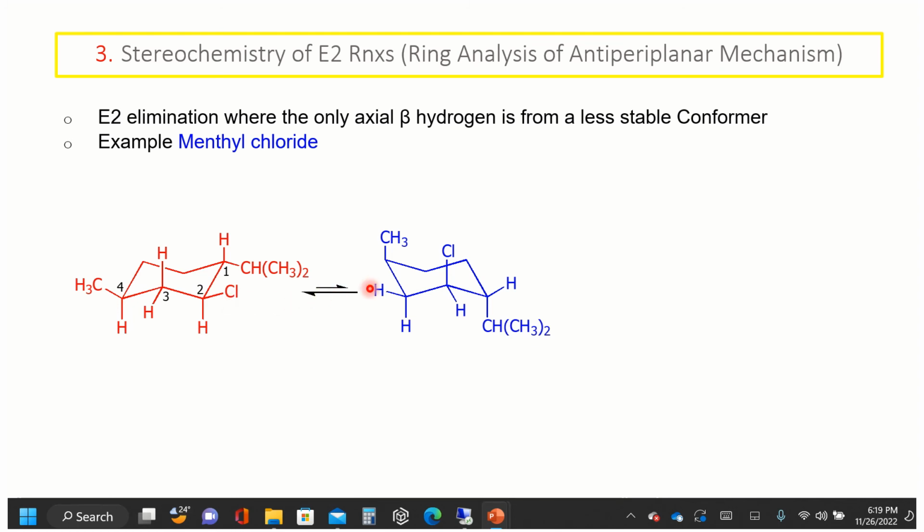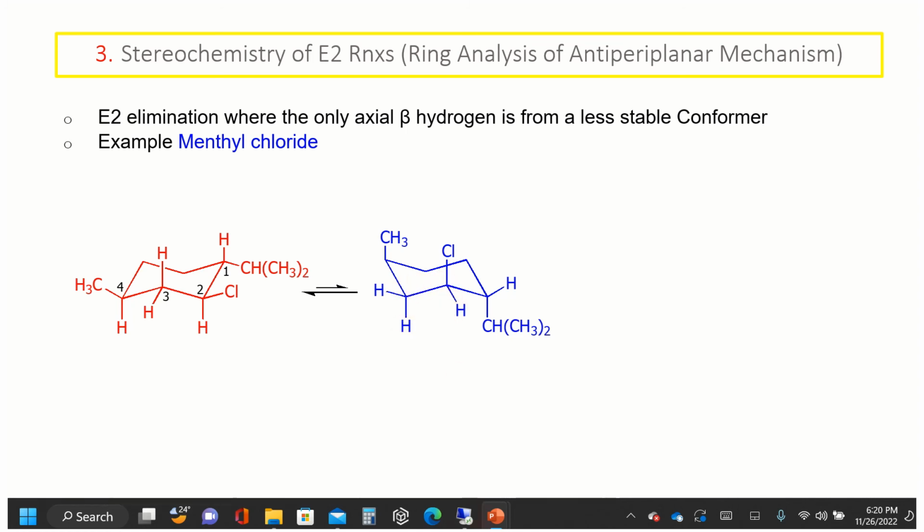So the conformer where the alkyl halide is axial, where the carbon chloride is axial, is the least stable conformer, noted by the short equilibrium diagram here. Elimination can occur across this carbon, so this carbon double bond.